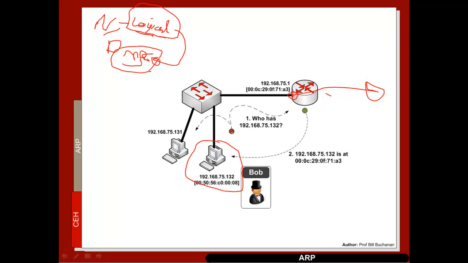So Bob sends an ARP request broadcast to the network, so every node on the network bounded between routers will actually see this ARP broadcast. So this node will see it, and this port here will see it also.